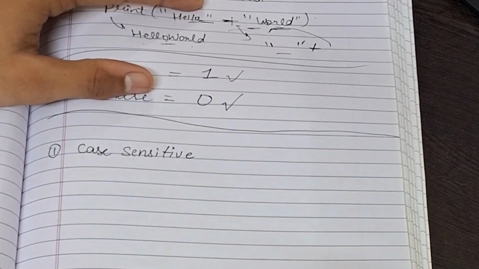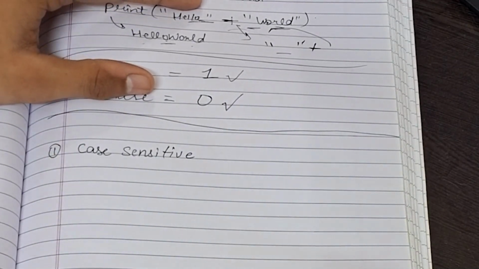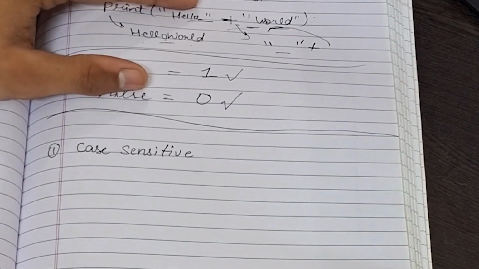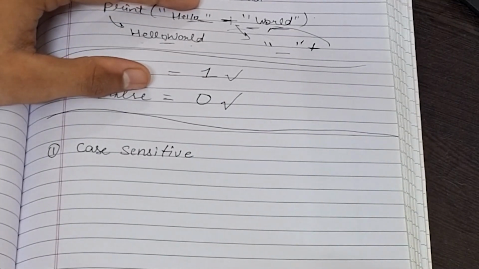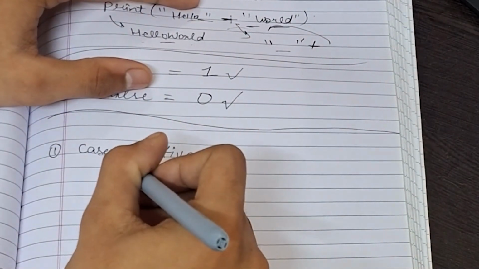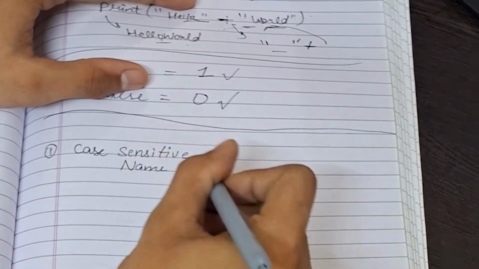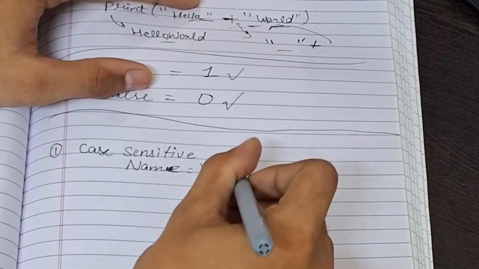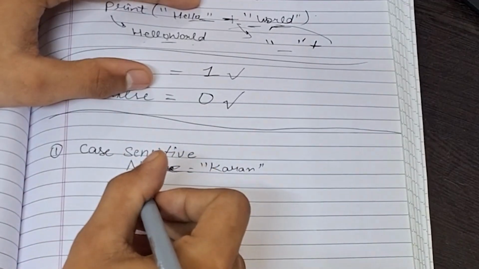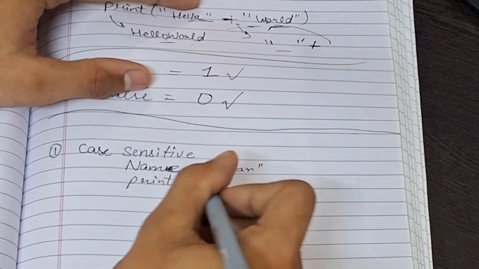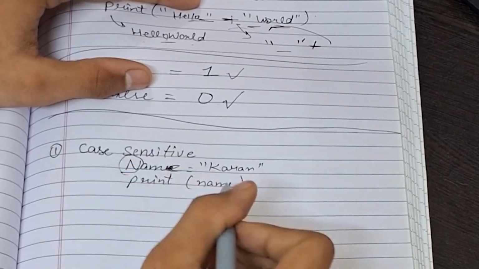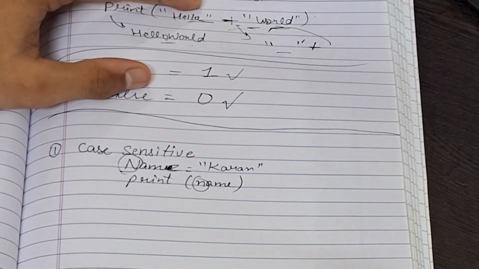If you write a variable name as Name with a capital N, but when calling or printing it you write name with a small n, it will give you an error.